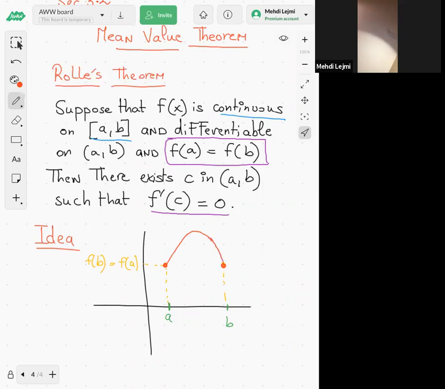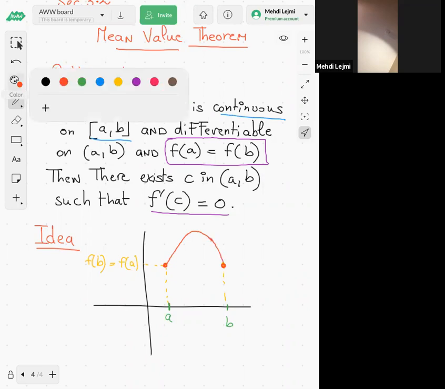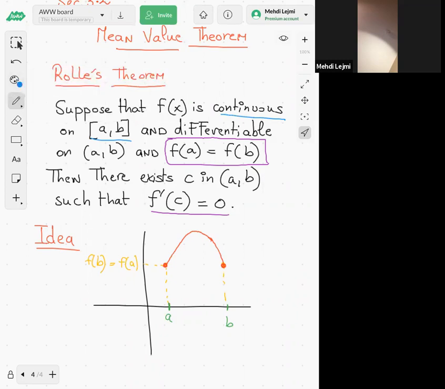So this point here would be an absolute maximum. Let's say this is your c. Then f prime of c would be 0, because that's an absolute maximum.